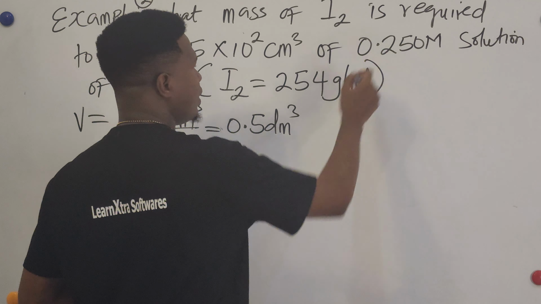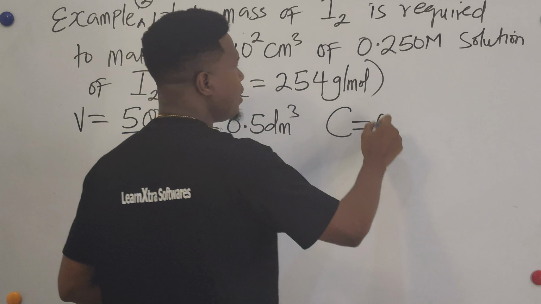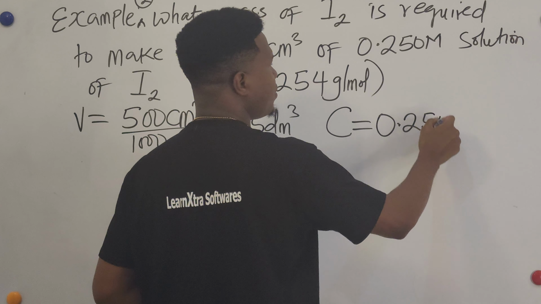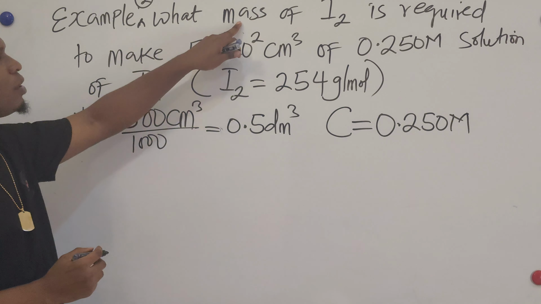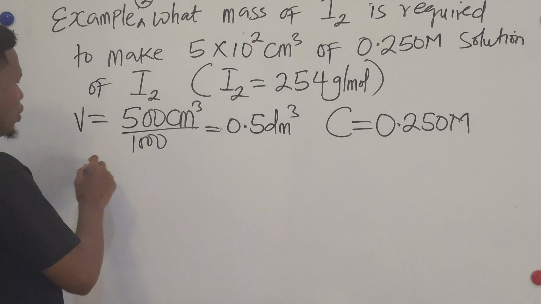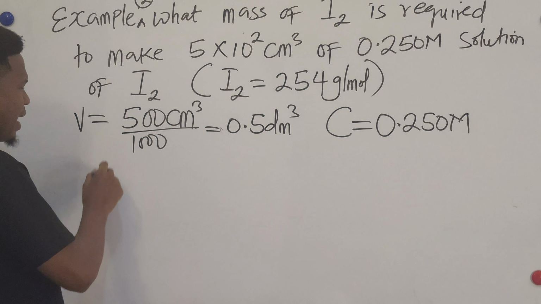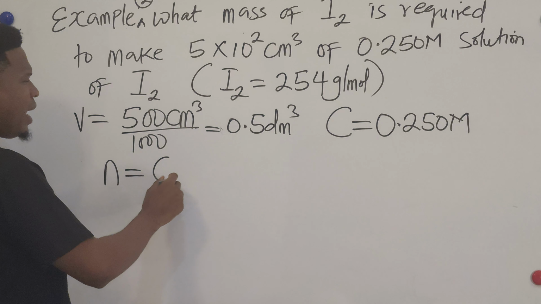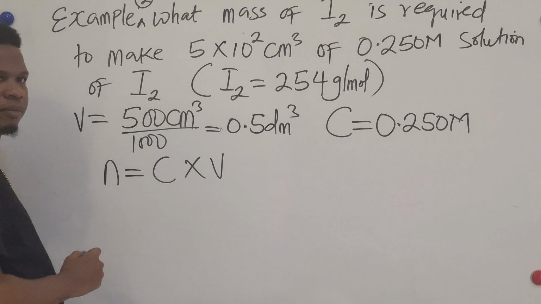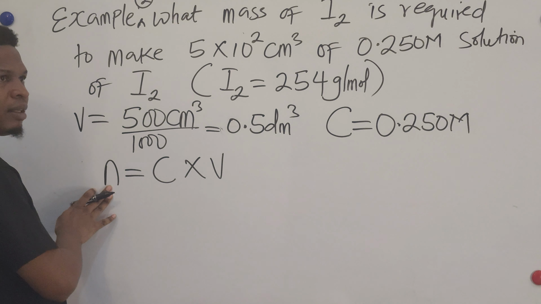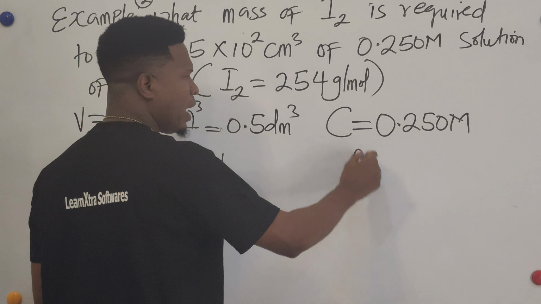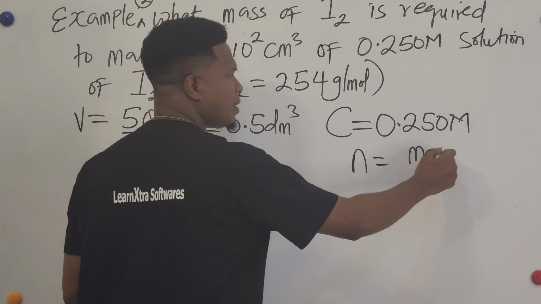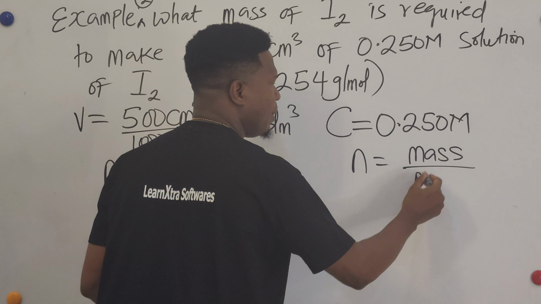Then we know the C. The value for the C is 0.250 capital M. We are looking for the mass. We know that if we can get this n first, remember that n is C times V. If I can get this n, then I can revert back to n is equal to mass over molar mass.